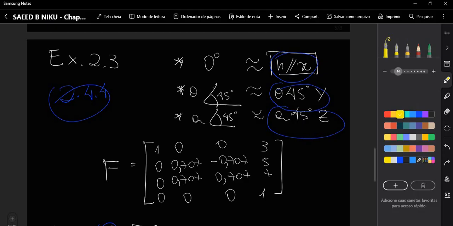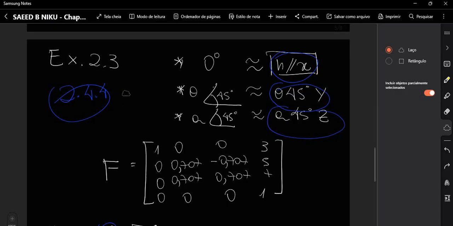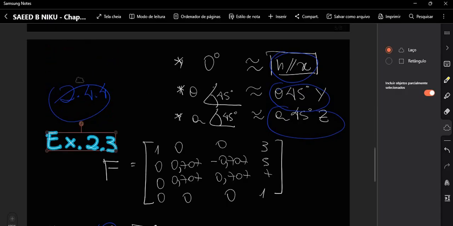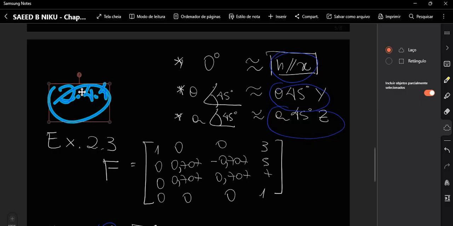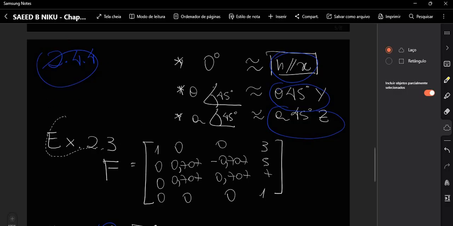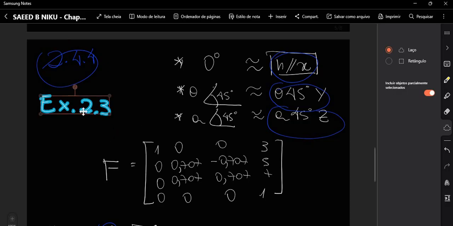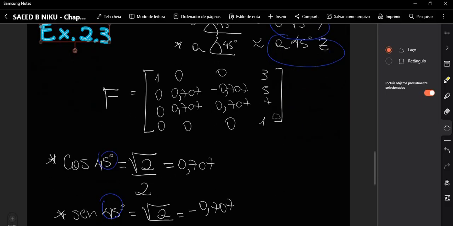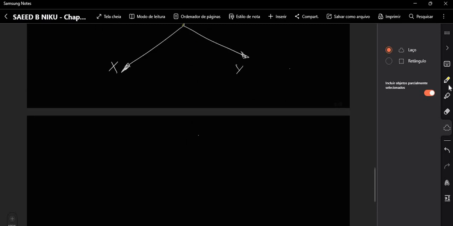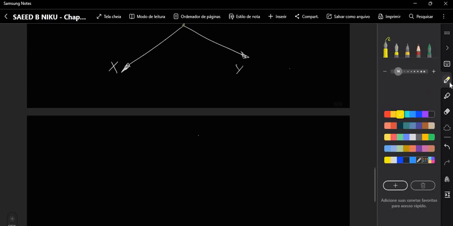And now let's move on to topic 2.4.5, which is the representation of a rigid body. So let me write this.